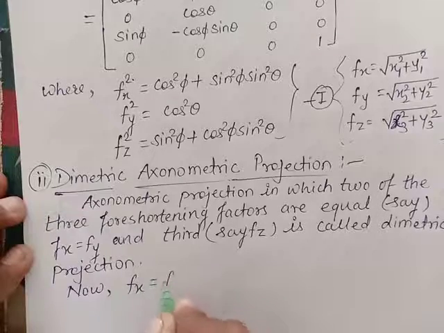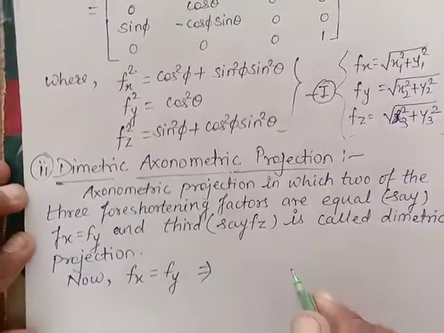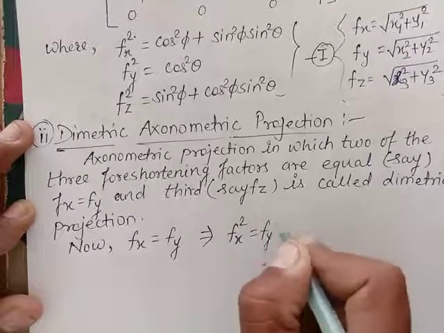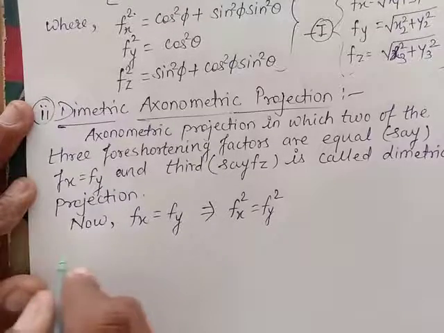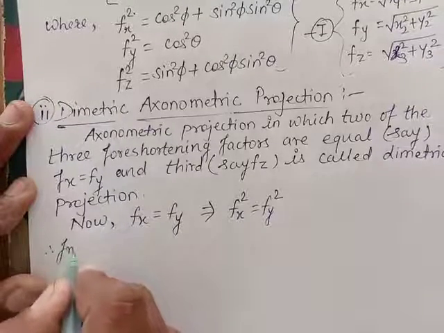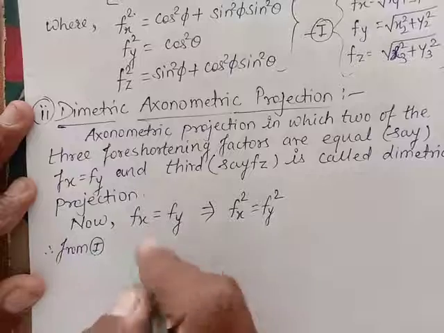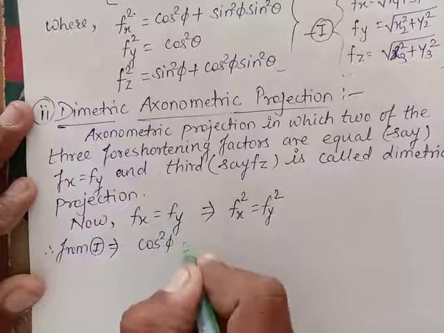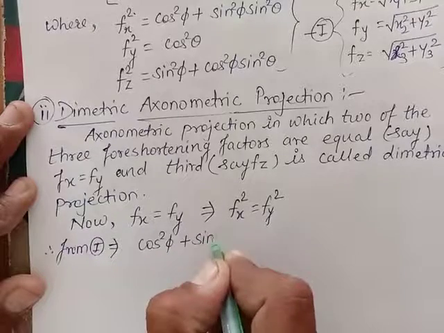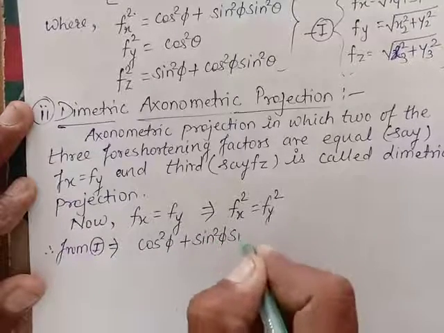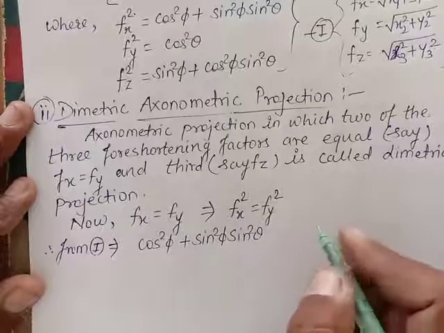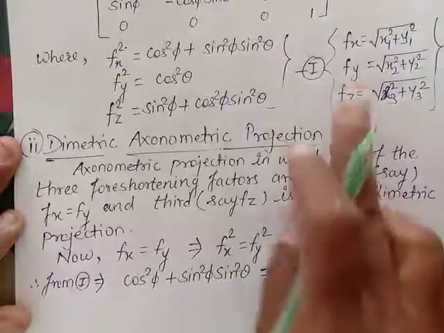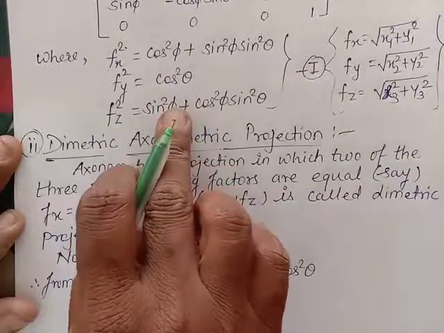Now, fx equal to fy implies fx square equal to fy square. Therefore, from equation 1 what we get? Cos square phi plus sin square phi into sin square theta equal to cos square theta. These are the foreshortening factors.